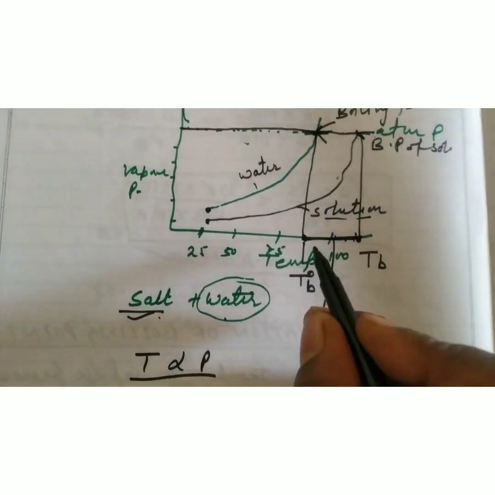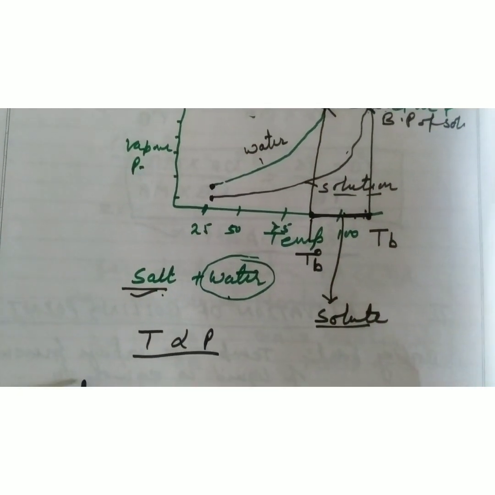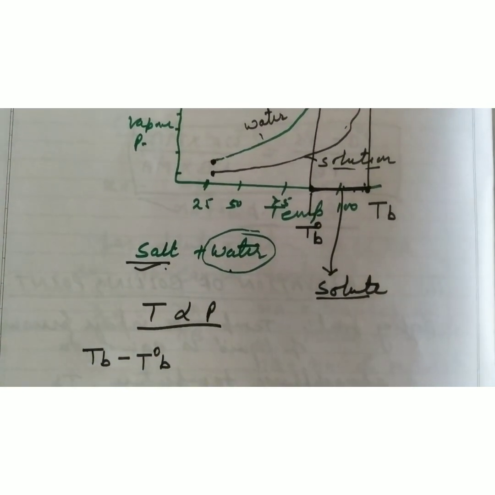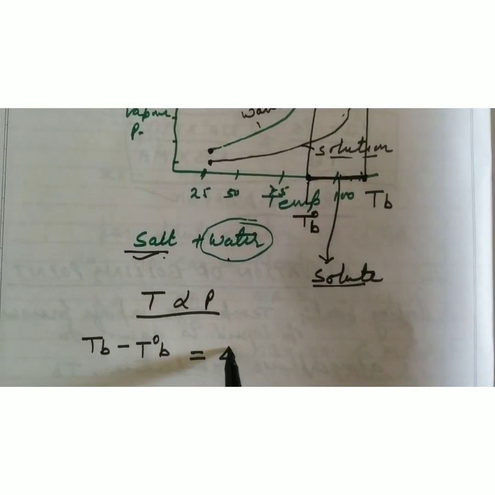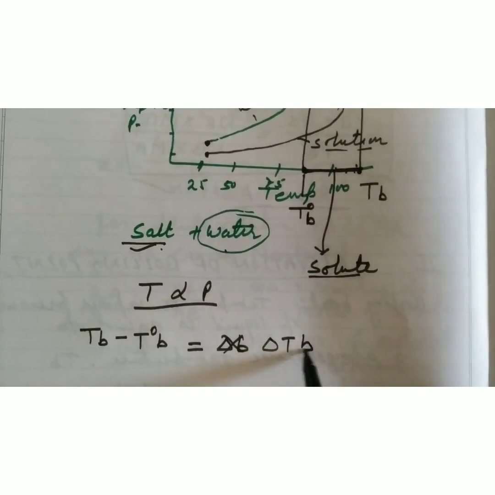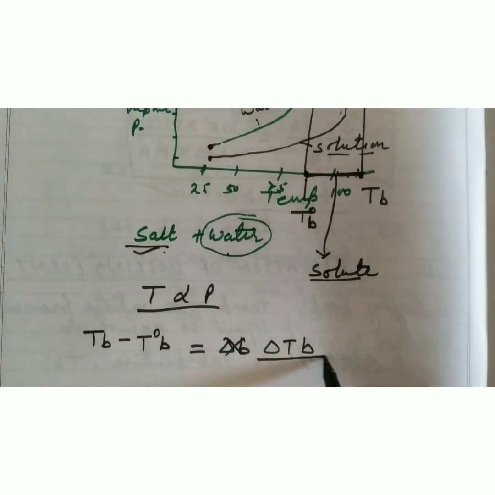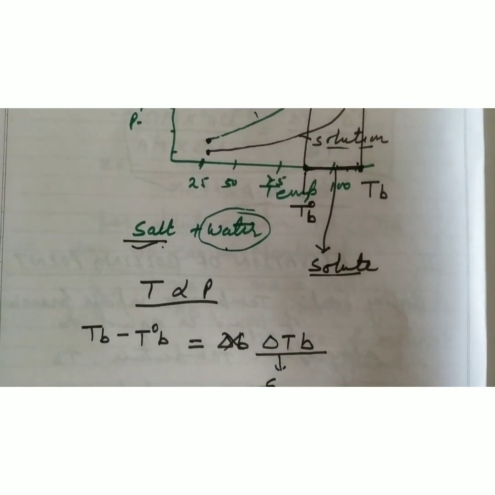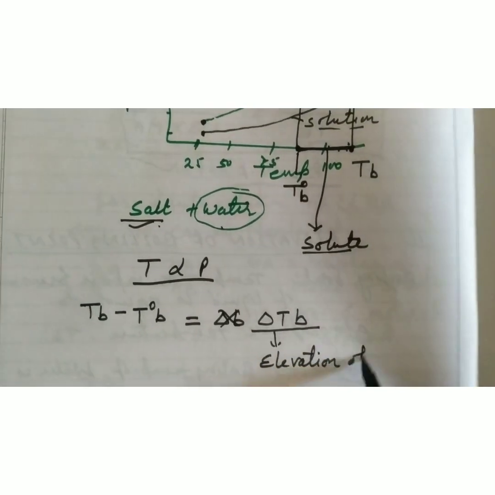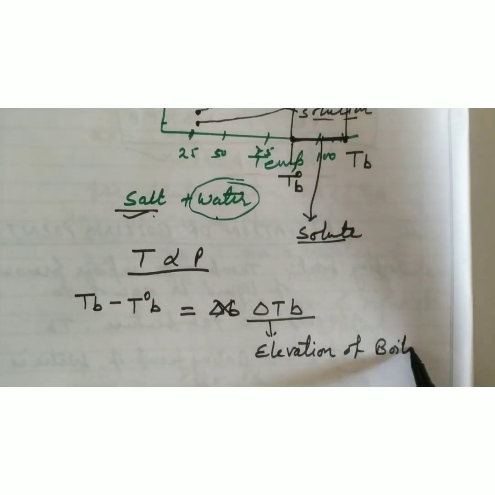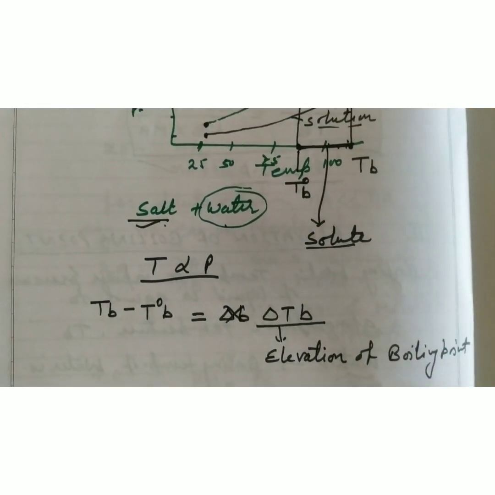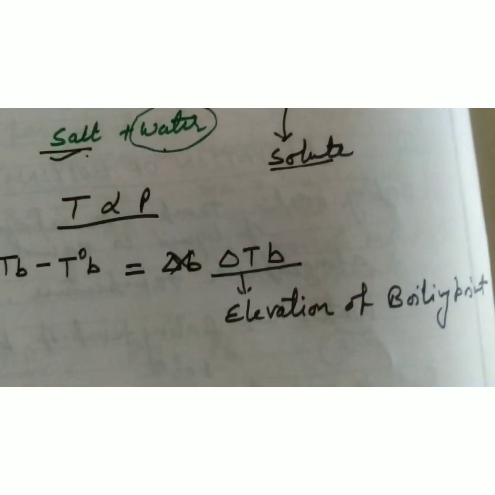So how much is the difference? We get TB minus T0B equals delta TB, and this delta TB is the elevation of boiling point. Clear? Elevation of boiling point.